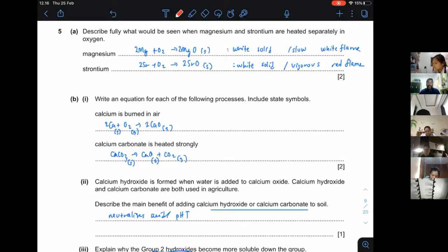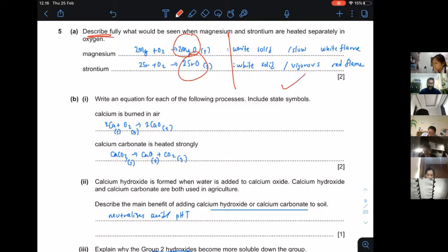So you can see they can ask you a lot of things even in AS. Magnesium and strontium heated separately with oxygen will give you magnesium oxide and strontium oxide. Write the equation, but they want to see it described fully. So this is not what they want.